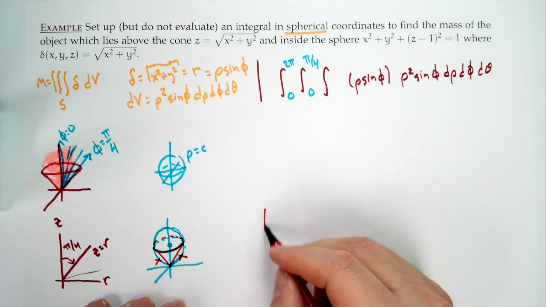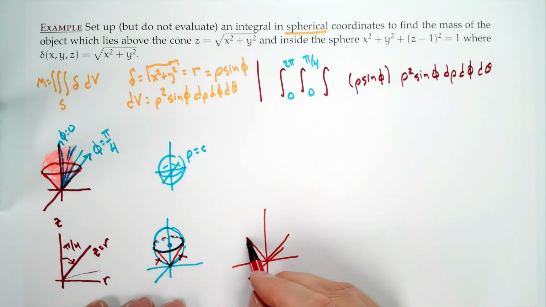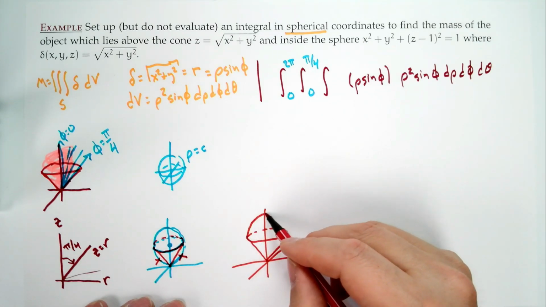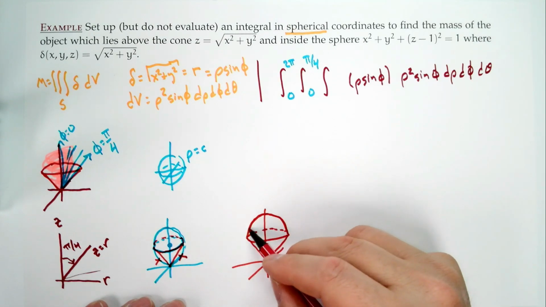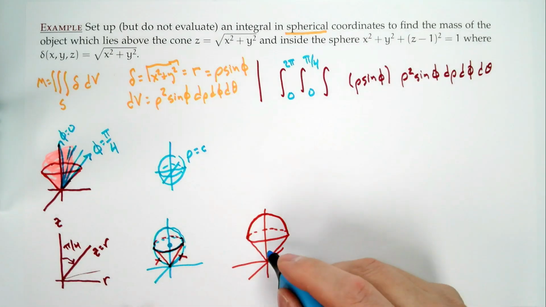If we put everything together, we get a cone coming up to height 1, and then on top of that, we have half a sphere. It's almost like an ice cream cone, depending upon the type of cone you have. All right, so there we go. That's our shape.